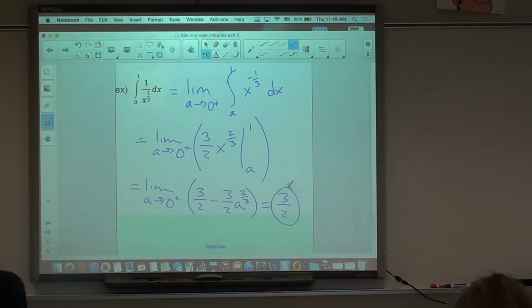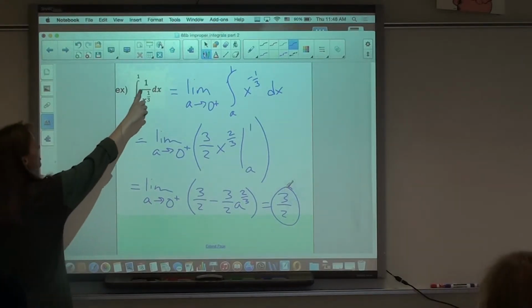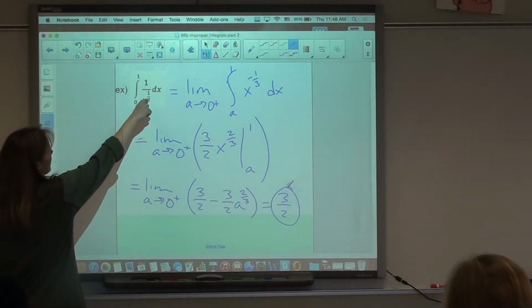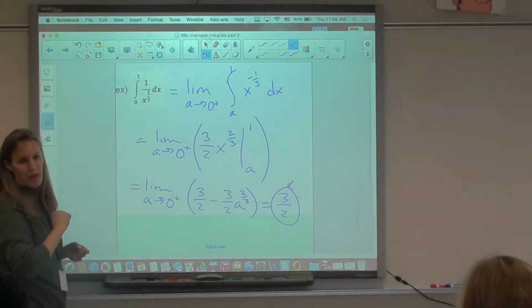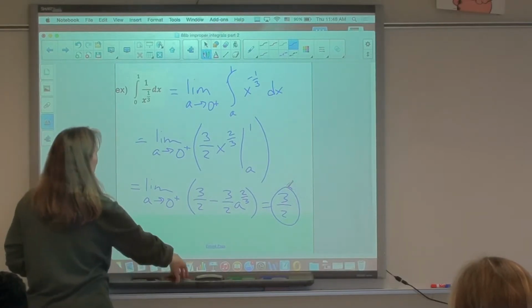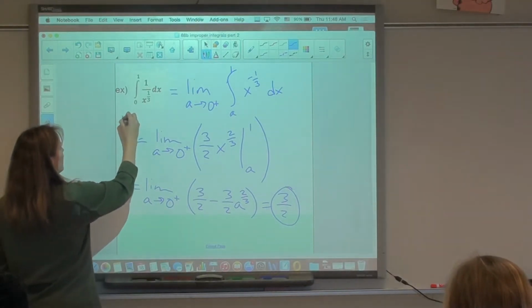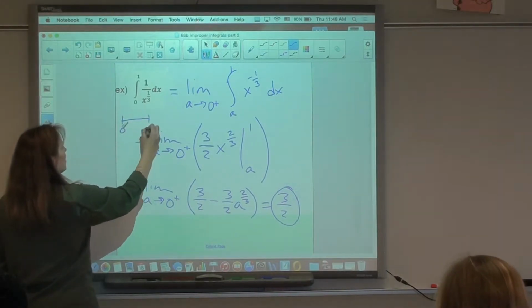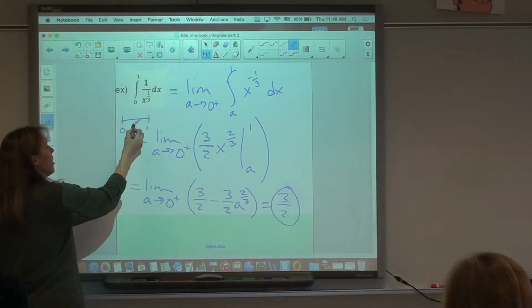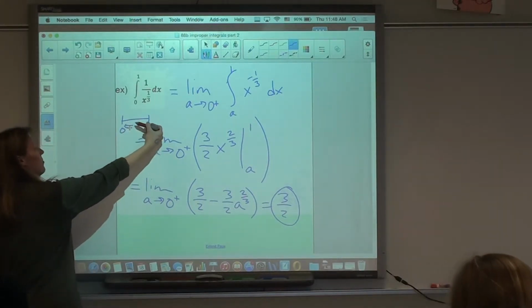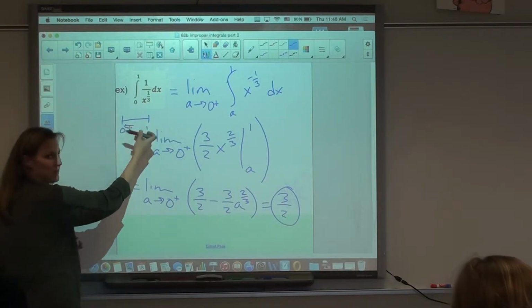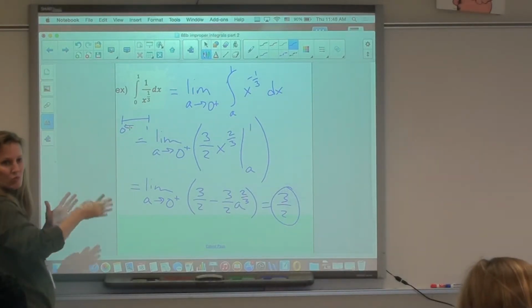How do you know that the limit is approaching 0 from the right? Oh, okay, so we know to worry about the 0 because that's where our vertical asymptote is, right? So if we think of the integral going from 0 to 1, we would always approach the 0 from the right, because that's the side we're coming from when we're integrating.